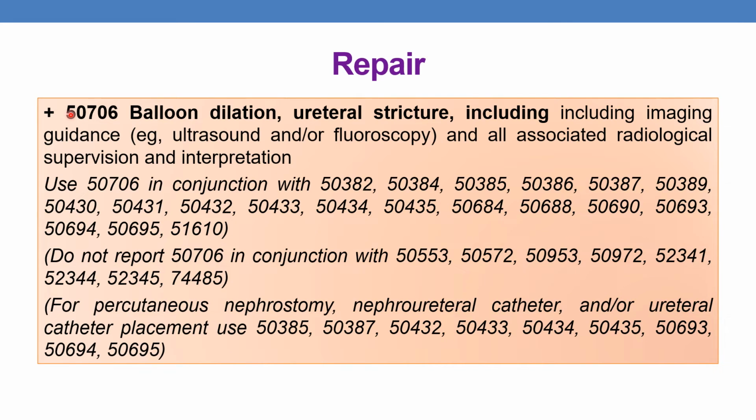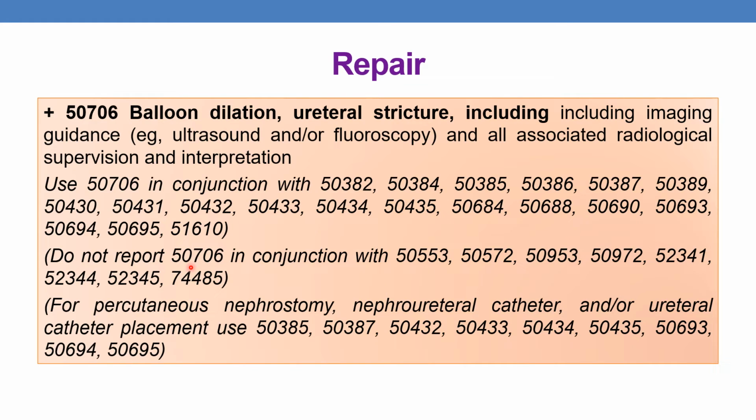The next is also an add-on code, plus 50706, that is balloon dilation of ureteral stricture, including image guidance and all associated radiological supervision and interpretation. And use 50706 in conjunction with the below listed CPTs. One more note is also there.